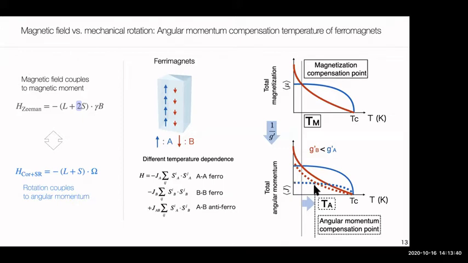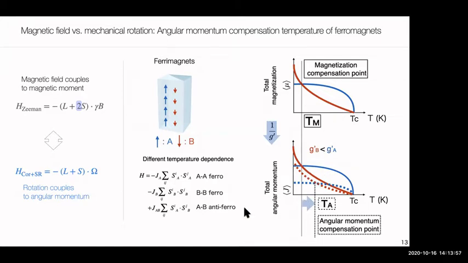Due to the difference of the g factors, at this point the total angular momentum vanishes. This is the angular momentum conservation compensation point. So these two temperatures are different.